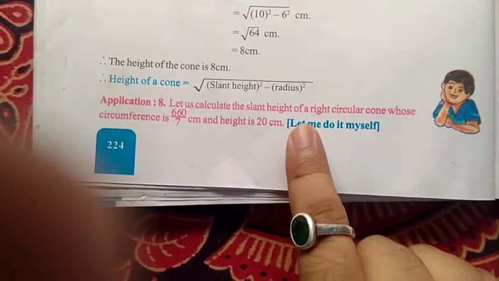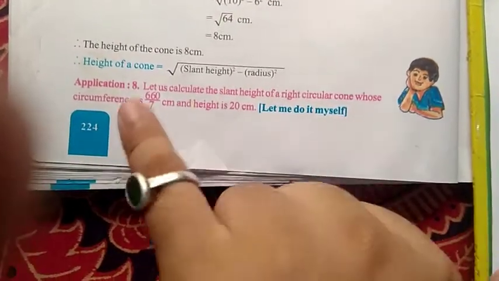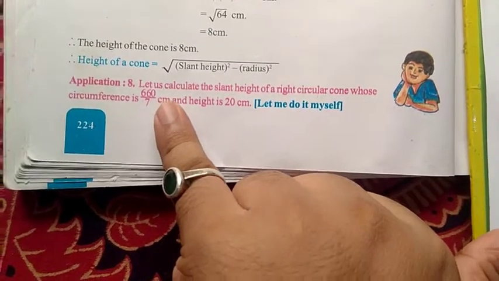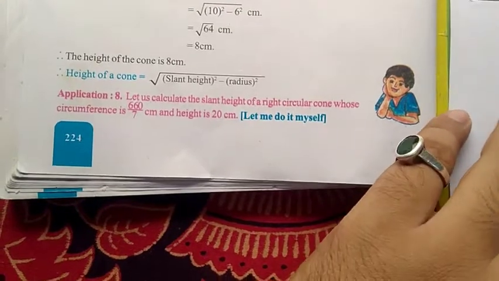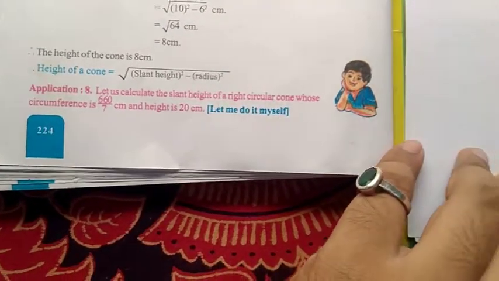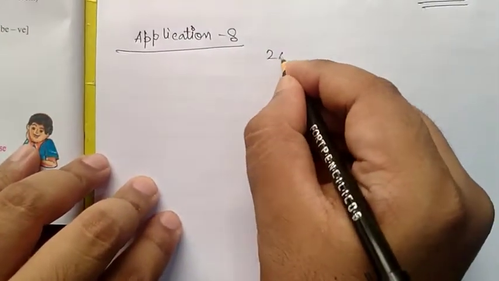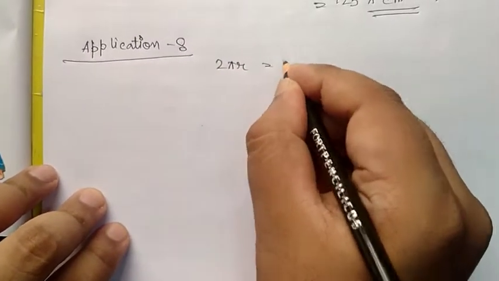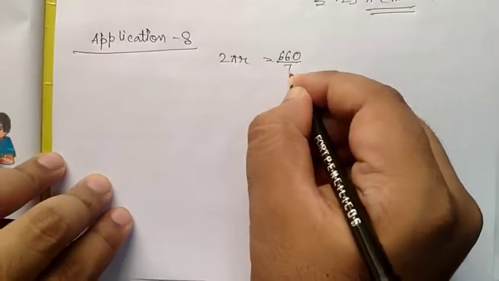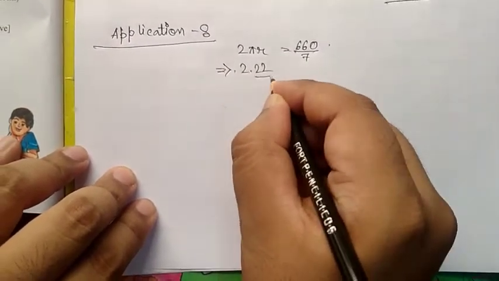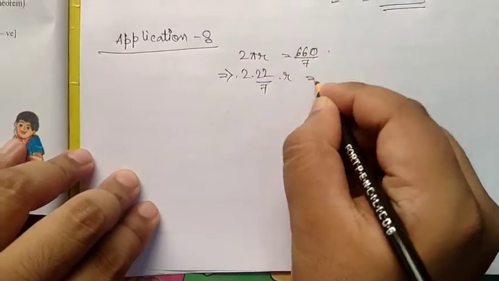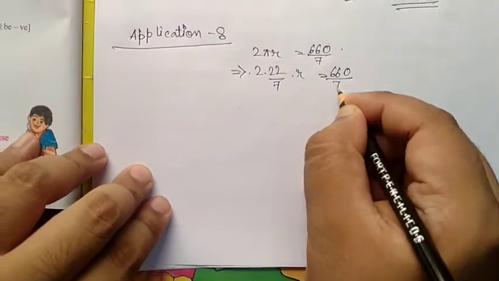Let us calculate the slant height of a right circular cone whose circumference is 660 by 7 and the height is 20 centimeters. So what is given? Circumference is given. So 2 pi r equal to 660 by 7. So 2 into 22 by 7 into r equal to 660 by 7.